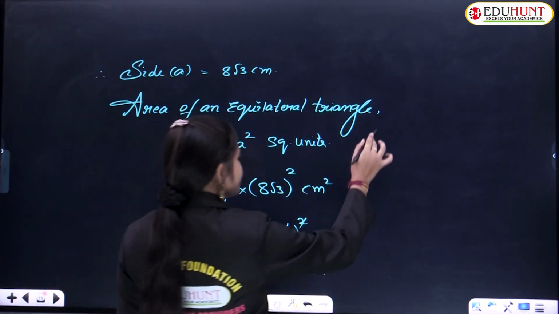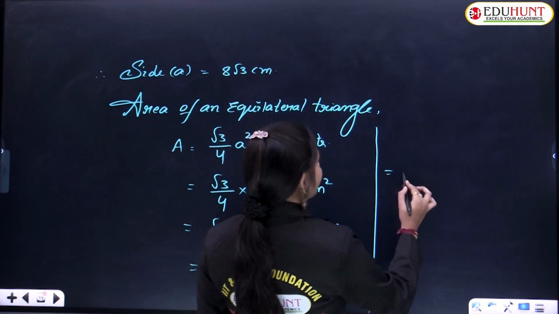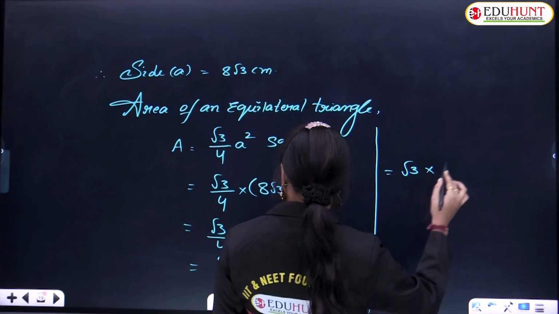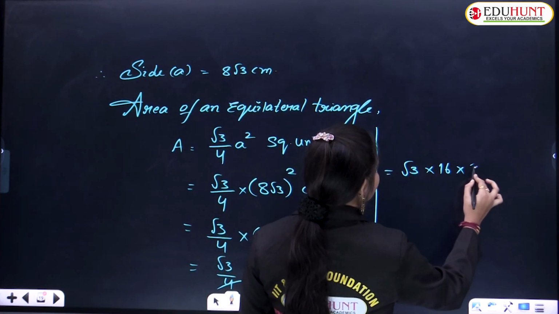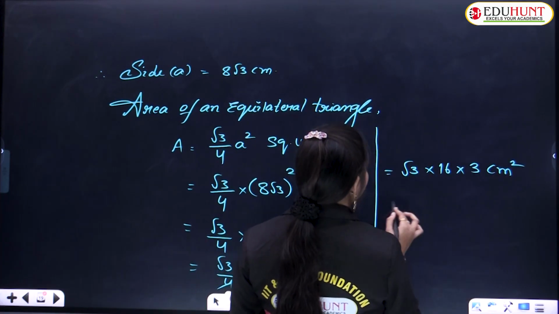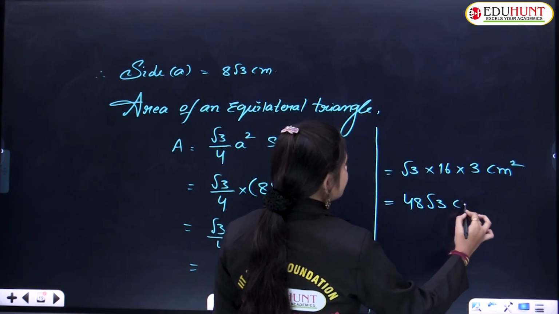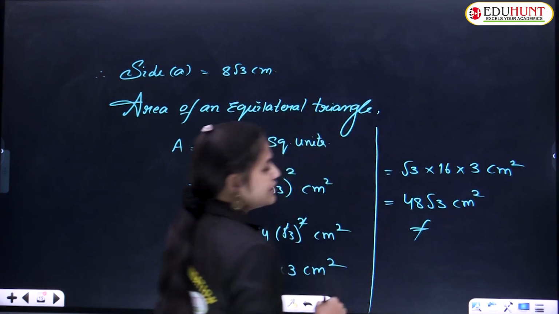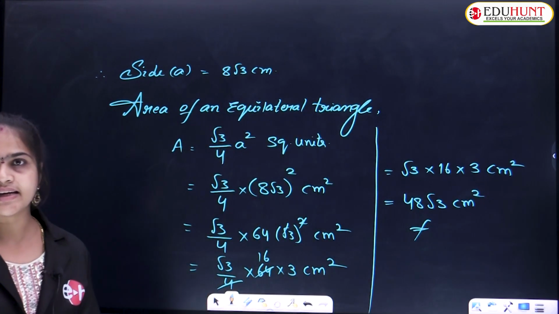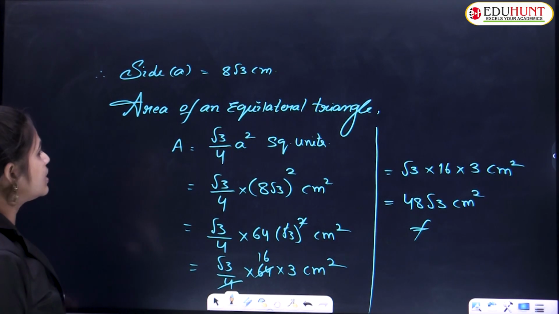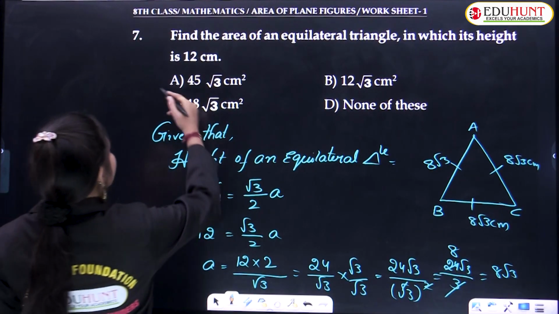Which is equal to root 3 into 16 into 3 centimeter square. 16 3s are 48 root 3 centimeter square. Finally, this is the area of an equilateral triangle, 48 root 3 centimeter square.